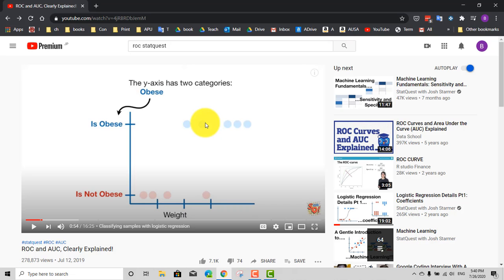Second of all, there's sort of redundant information here because he shows that the non-obese have to be down here and the obese have to be up here, but he also uses color to distinguish them. So in a sense, you don't need color, because if a dot is down here, it means it's not obese, and if a dot is up here, it means it is obese.